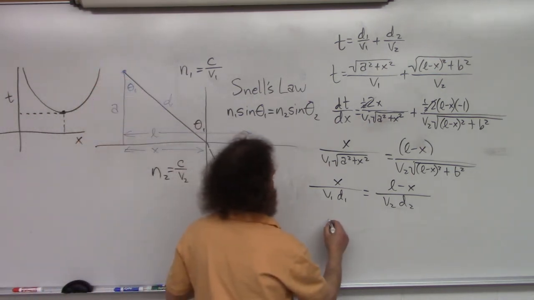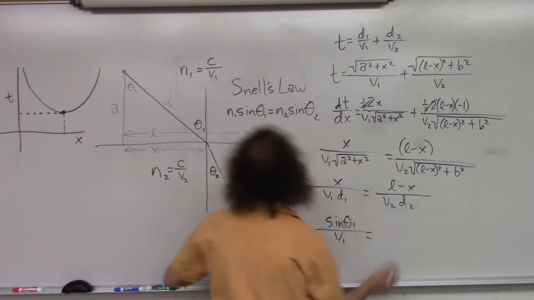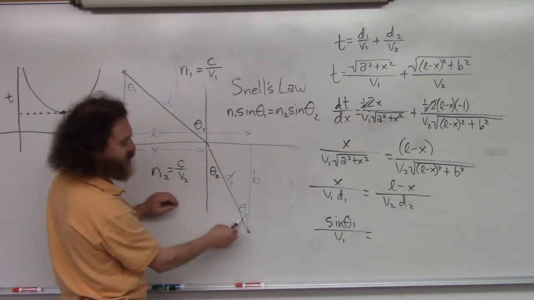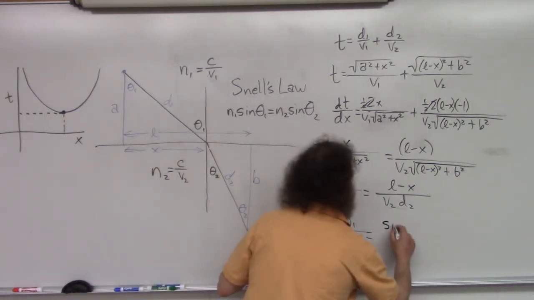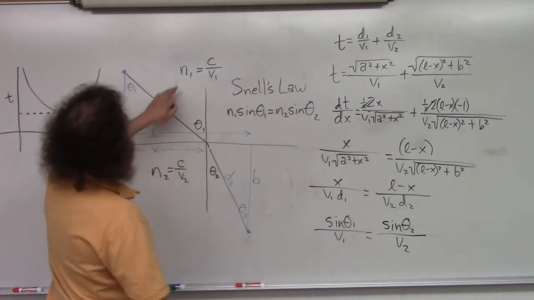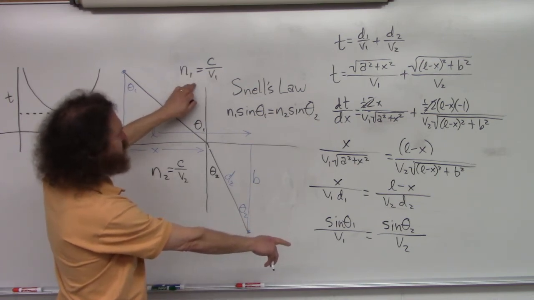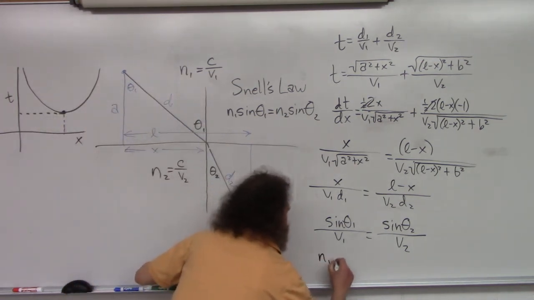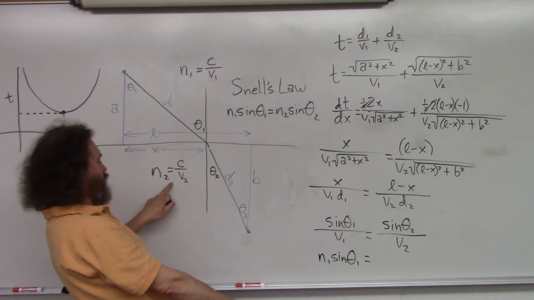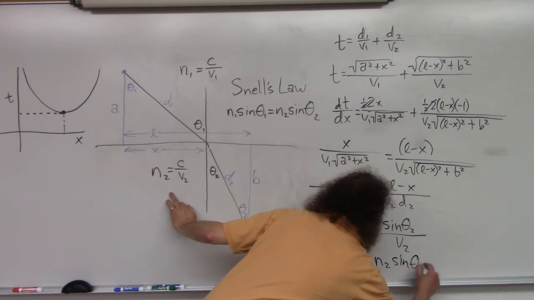So this is sine theta 1 over V1, and this is L minus x over D2, so that divided by that is the sine of that angle. And I'm nearly finished here because n1 is c over V1. If I solve this for V1, put it in here, I get n1 sine theta 1. And if I solve this for V2 and plug it in there, I get n2 sine theta 2.